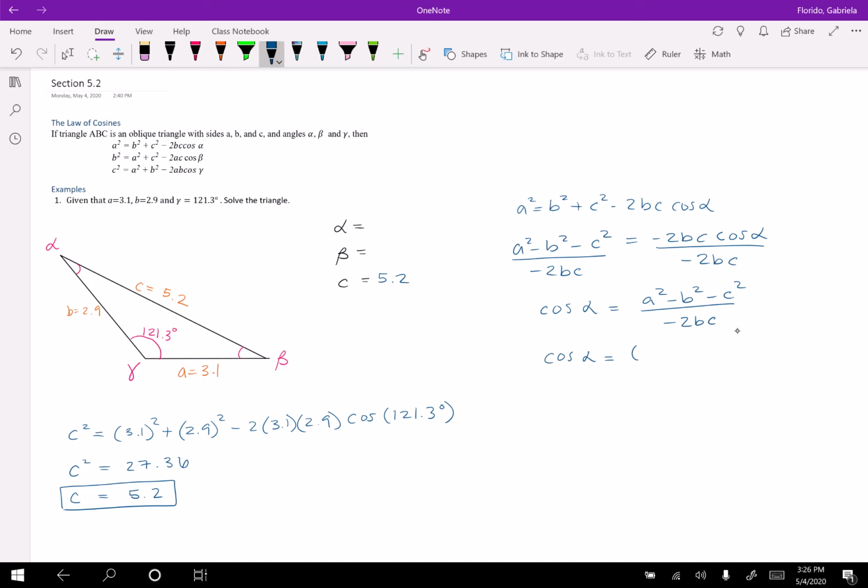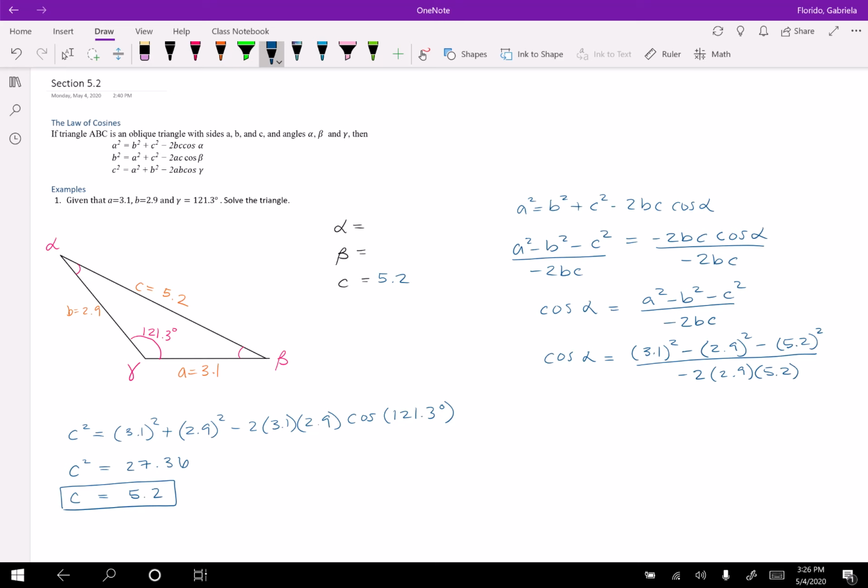For little a, we have 3.1, that's being squared, minus little b, which is 2.9, that's being squared, minus little c, which is 5.2 squared, all divided by negative 2 times 2.9 times 5.2.